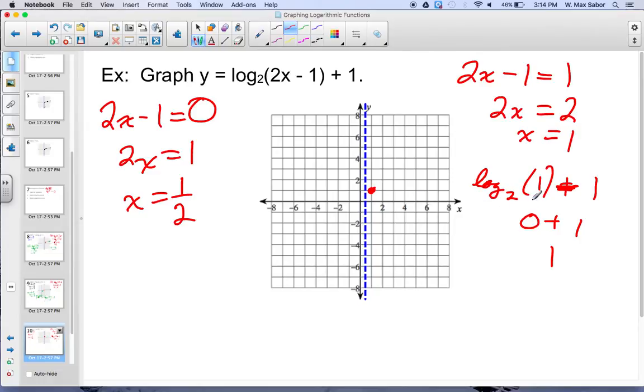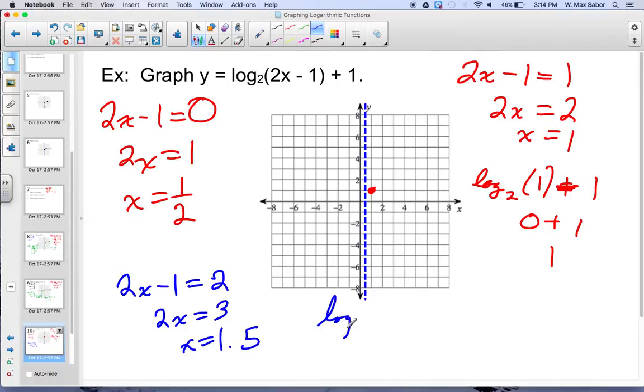Again, these are tricks that I'm using to try to figure out easy numbers to plug in. You can certainly plug in whatever numbers that you want as long as they're in the domain, and they'll give you points that you can use. But I'm going to try these easier ones. What if this were 2? I'm going to try to make this equal to the base. So 2x equals 3, x equals 1.5.